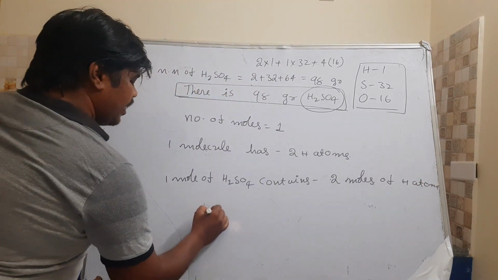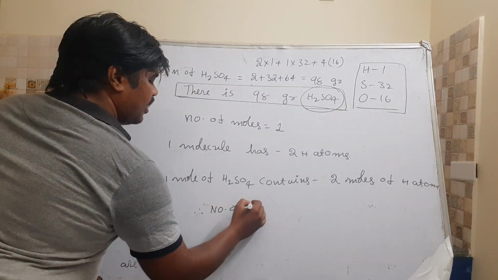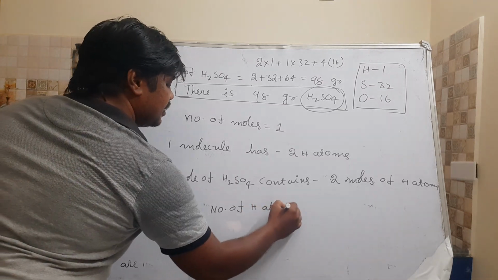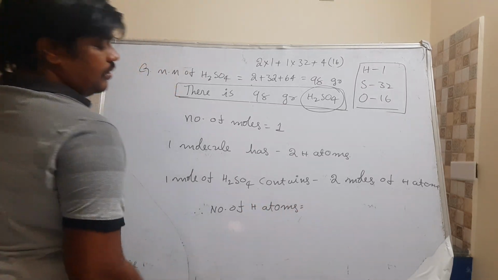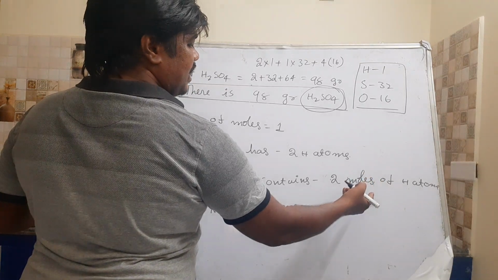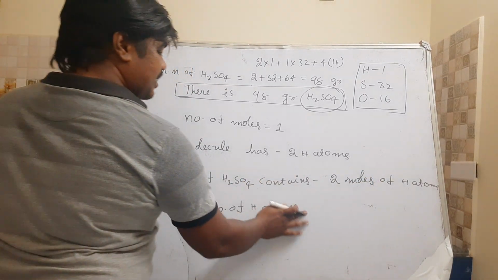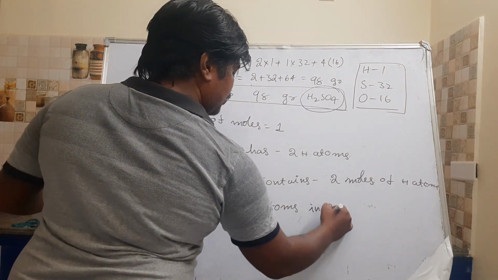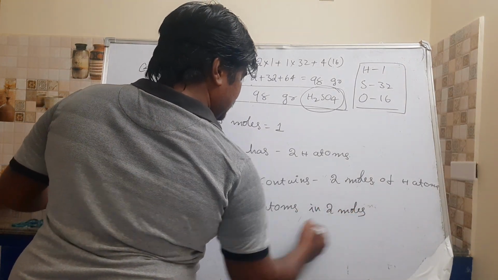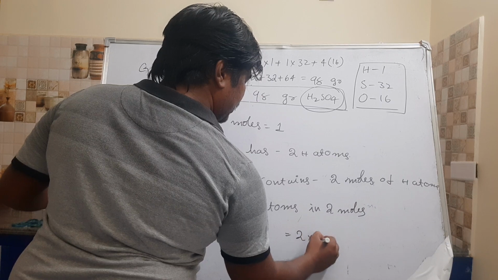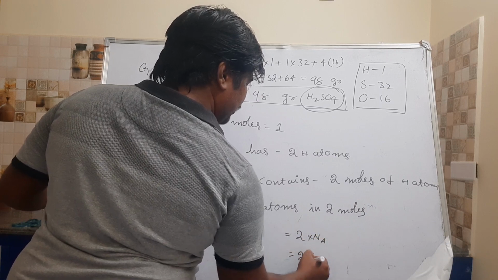So therefore, the number of hydrogen atoms: 1 mole contains Avogadro number. In 2 moles, the number of hydrogen atoms is equal to 2 into Avogadro number.